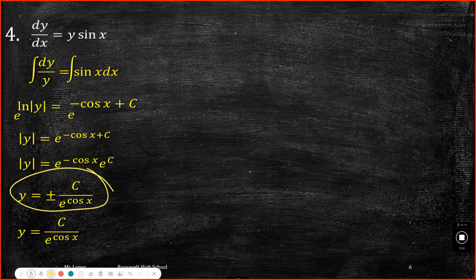It goes away anyways, like how you add it over. Because if you're taking the plus or minus, then you could just drop that absolute value.